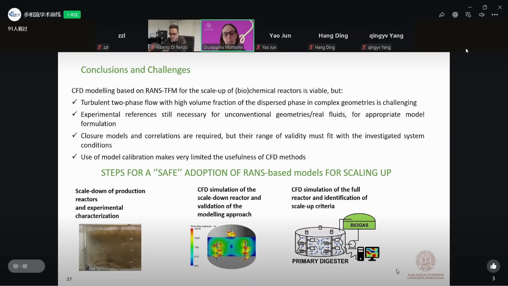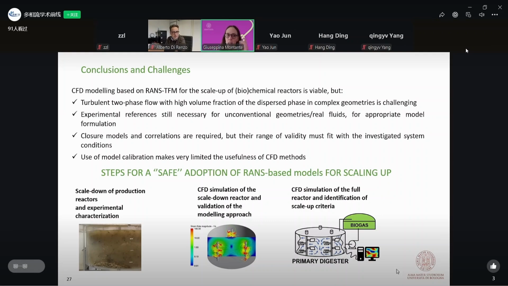In many situations, we have already experimental references. In some other cases, particularly for non-conventional geometries, we have not. And since the physics is very complex, in order to obtain reliable results, we need an appropriate model formulation that has to be guided by experiments.